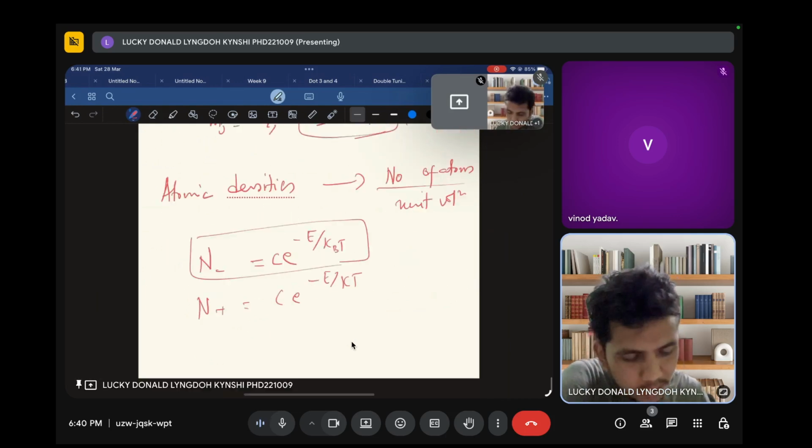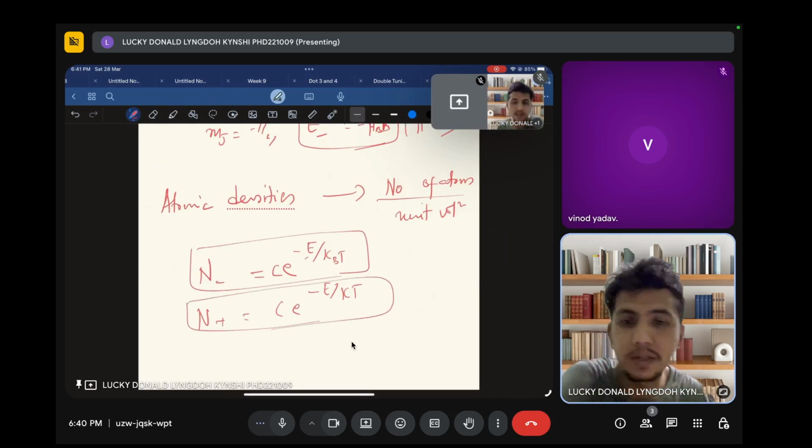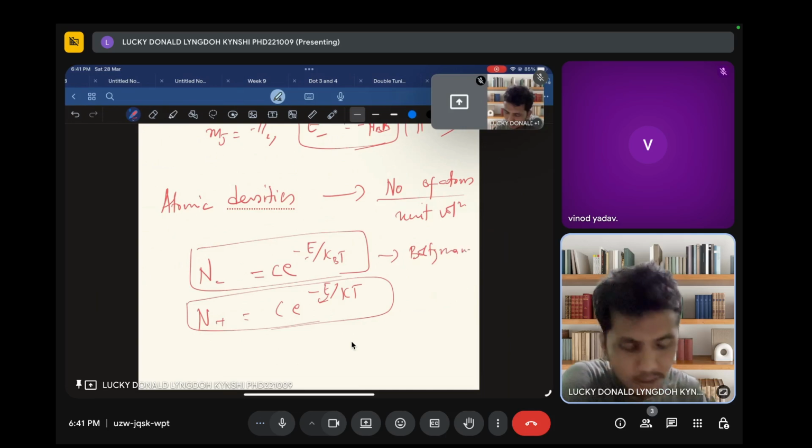So why we need the energy term is because according to Boltzmann statistics, the number of atoms depends upon your energy also. So once you know the value of energy, you can substitute here.